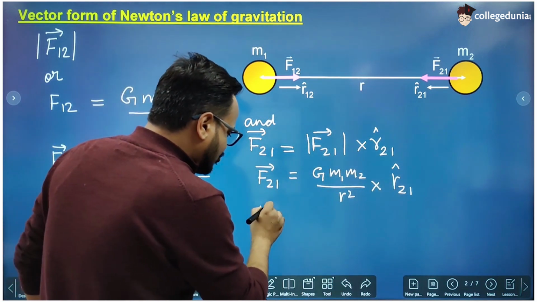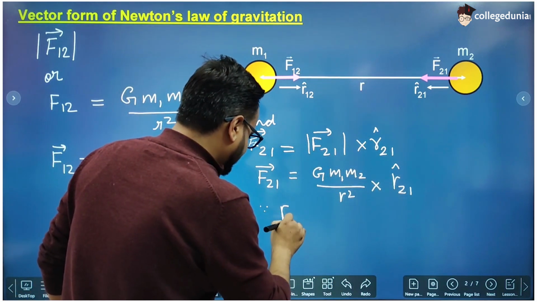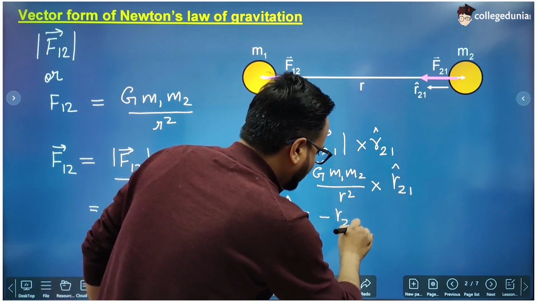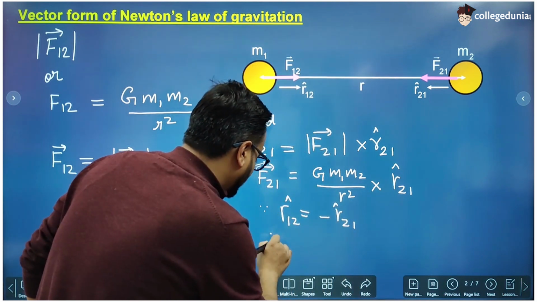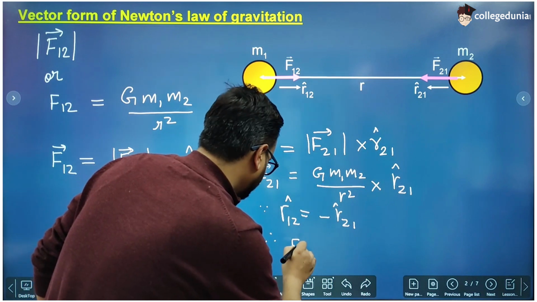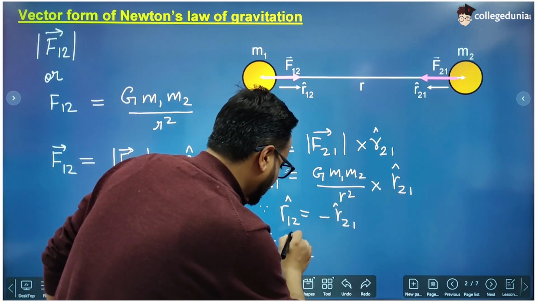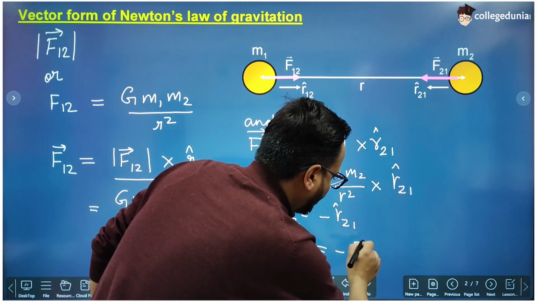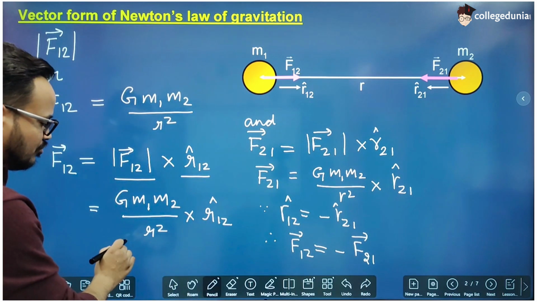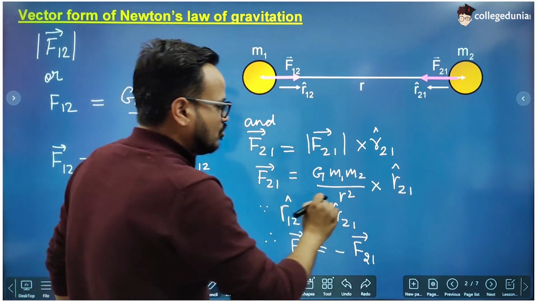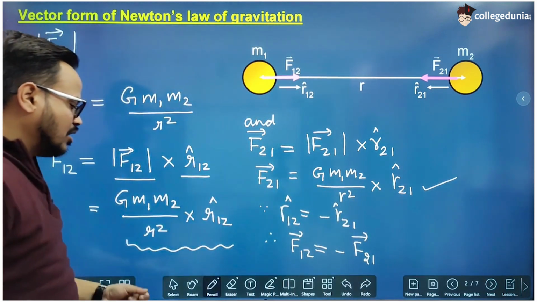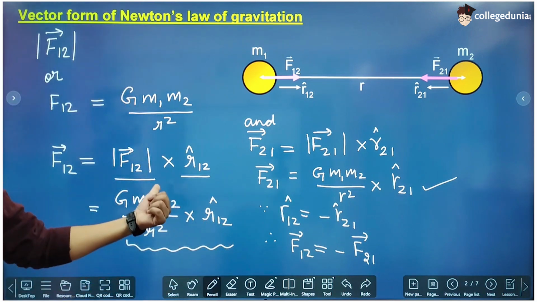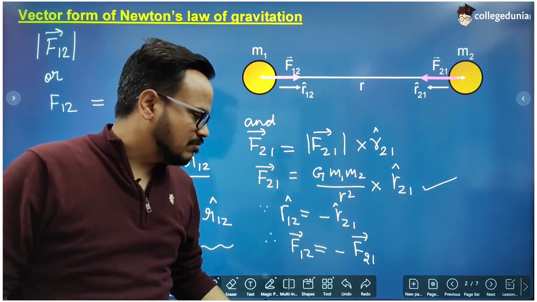So we can write, since r12 vector is a negative of r21 vector, therefore F12 is negative of F21. Because if you see this value and this value, both of these differ only in terms of unit vector, because magnitudes of both these forces are the same.